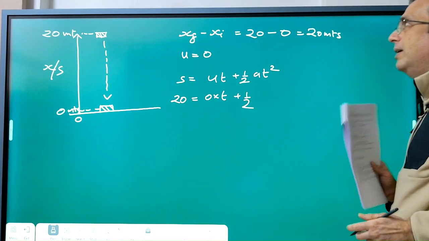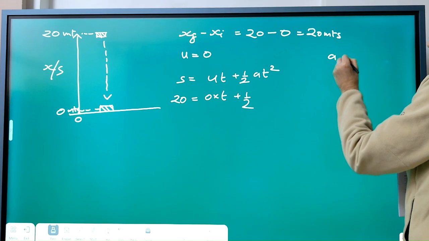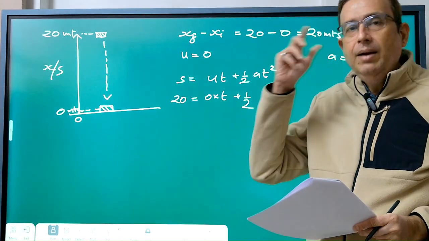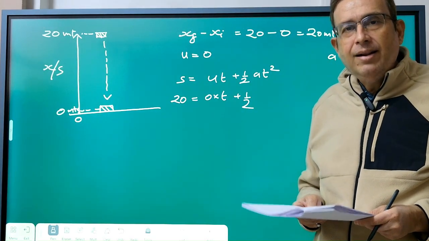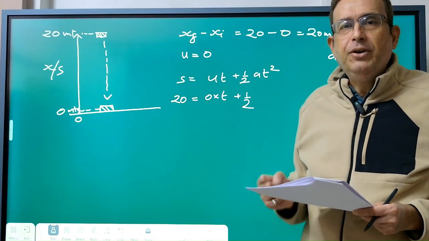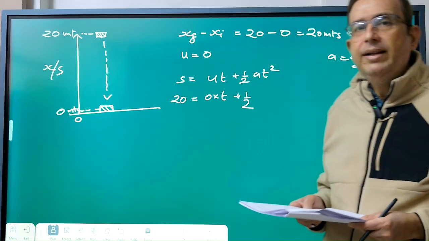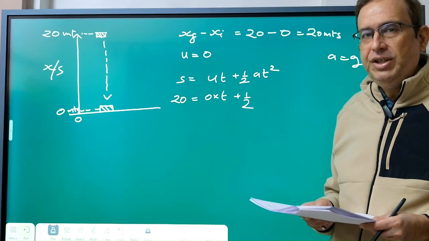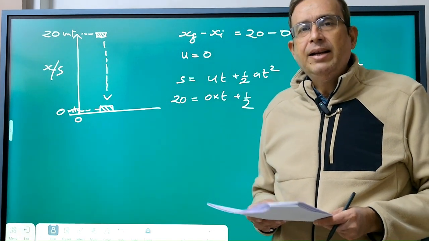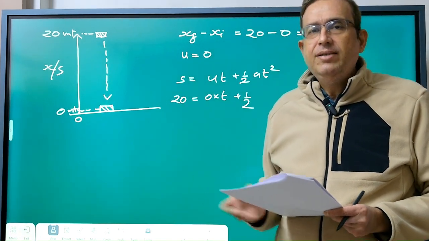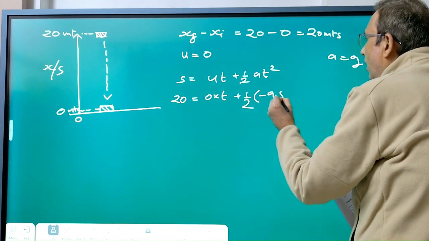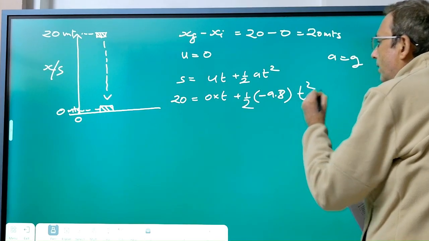Now a is actually g, because in this case it is a motion under gravity. The acceleration produced in the object would be the acceleration produced by the force of gravity. So acceleration would be equal to g. And we have already said that in this particular sign convention, the value of g is negative. So then you have minus 9.8, then you have t square.